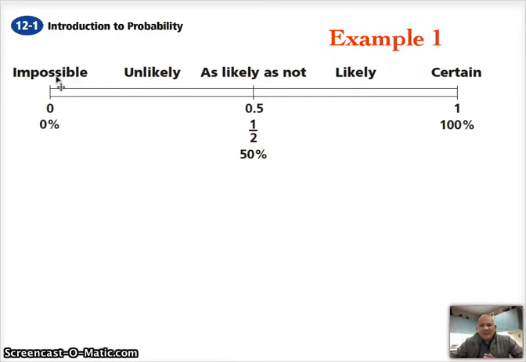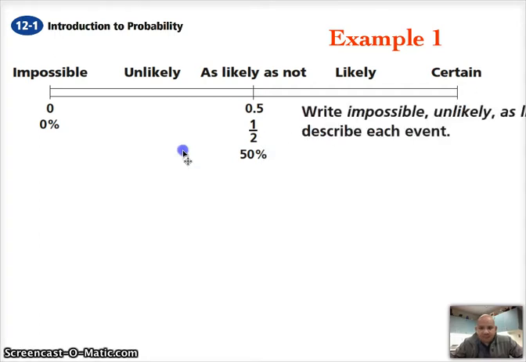Probability of something being impossible to happen would be 0 or 0%. Something, on the other hand, that is certain to happen would be a 1 or 100%. And something that is as likely to happen as not happen would be 5/10 or 1/2 or 50%.